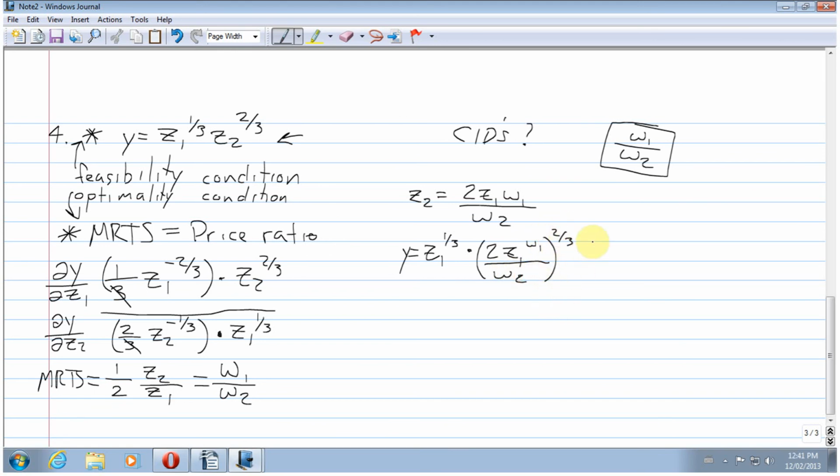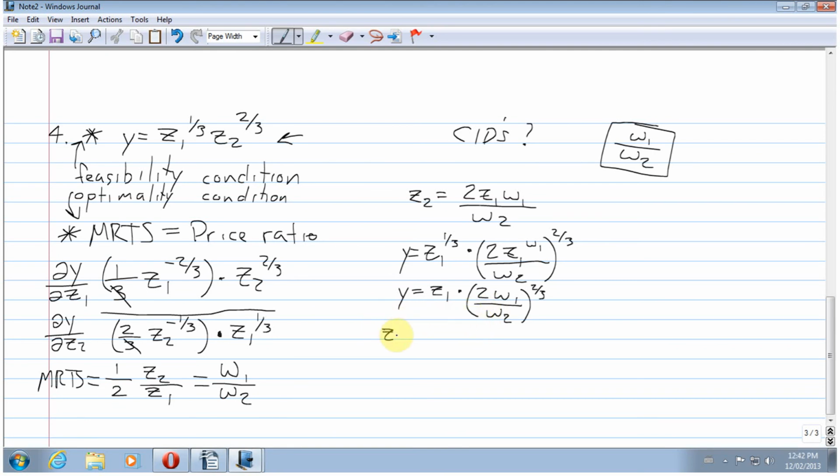Now the nice thing about Cobb-Douglas production is I have a z1 to the 2/3 here, and I have a z1 to the 1/3 here. So y actually equals z1 times 2w1 over w2 to the 2/3. Now I want to solve for z1 as a function of y because we know that's what a conditional input demand is.